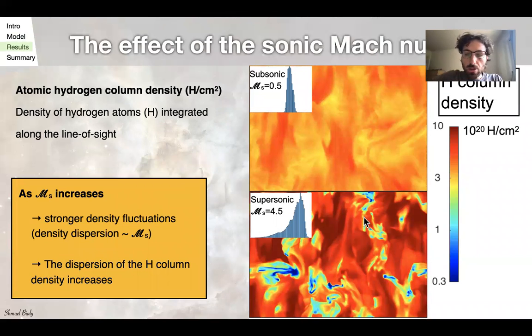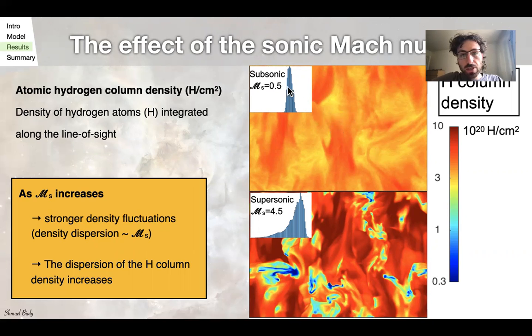Here we see two simulations with different sonic Mach number, subsonic and supersonic. These are density slices. And what I show here is the calculated column density of atomic hydrogen. So this already includes all the effect of the UV absorption through the cloud by dust, and the formation of molecular hydrogen and destruction of molecular hydrogen by the UV.